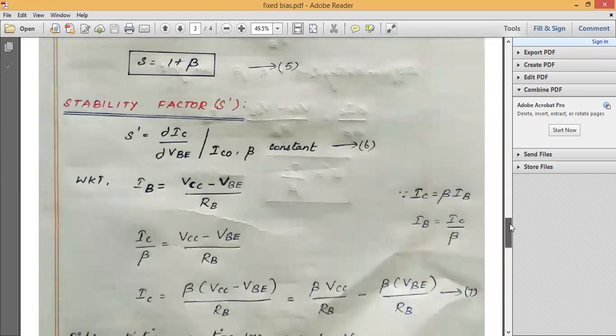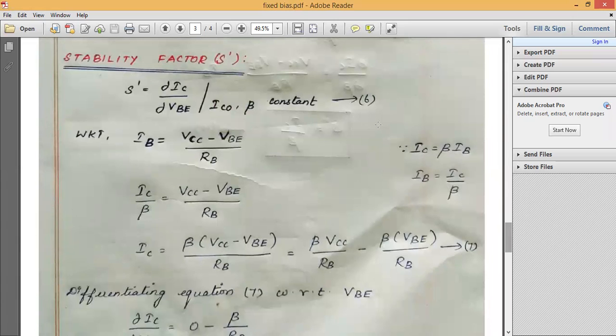Now we have to find the stability factor S dash. S dash is given by dou IC divided by dou VBE, where VBE is the base emitter voltage and ICO and beta are constant. Already we know IB but we don't know IC. What is the relationship between IB and IC? IC is equal to beta into IB, so IB is equal to IC divided by beta.